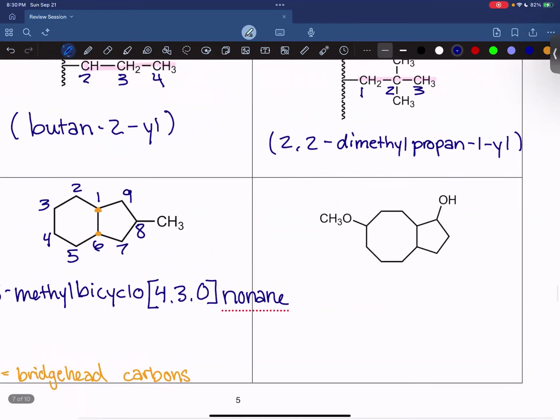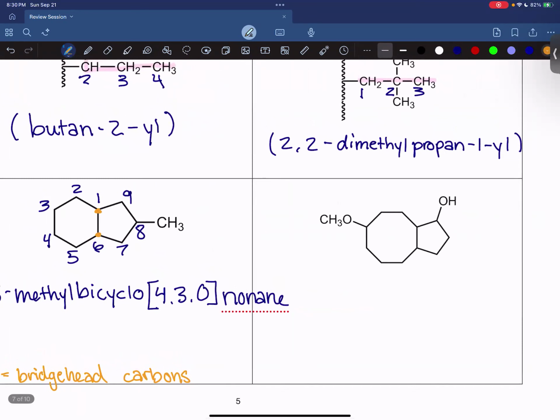Okay, so we're starting at our bridgehead carbons, which are these guys right here. And then we are going to go in the way that is going to prioritize this alcohol, but also starting at the larger ring.